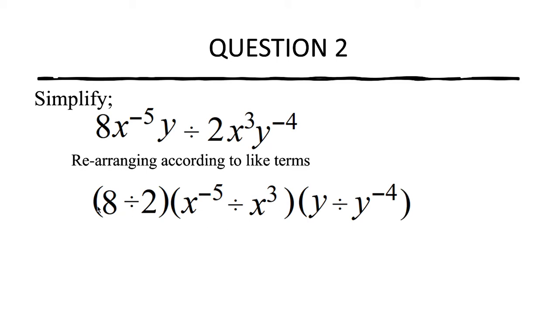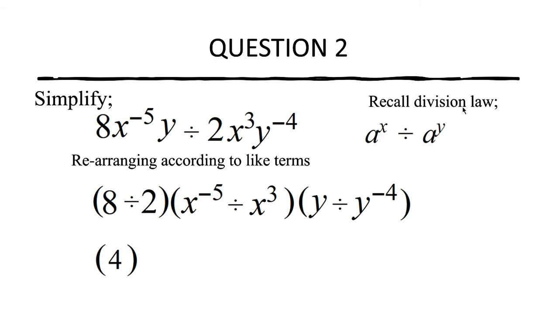This is very important. To be able to solve such questions, we have to rearrange them. It is very, very important. Now the next step is to divide the numbers. 8 divided by 2 is 4. Now to do this, we use the division law, that states that if we are dividing two like terms, all we have to do is to subtract the powers.